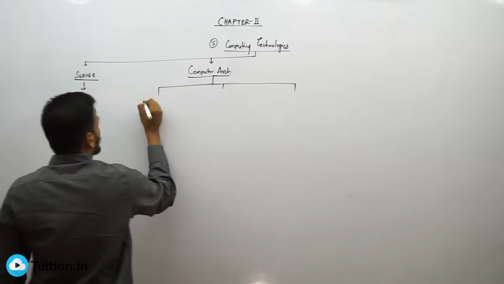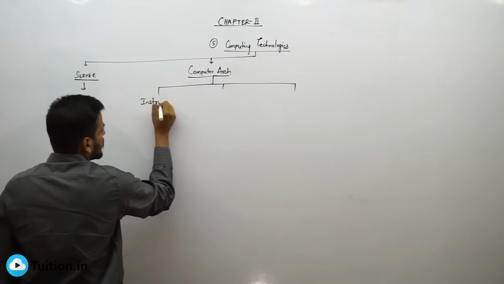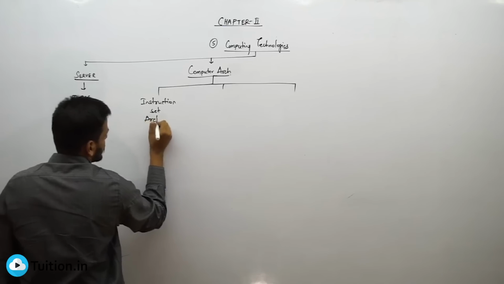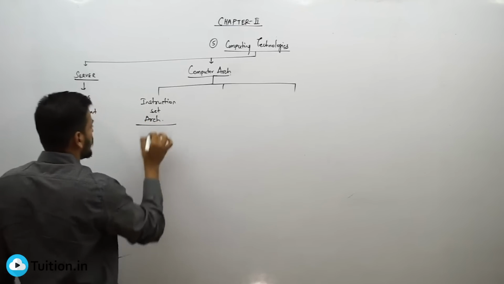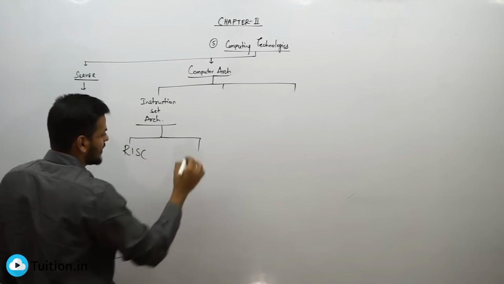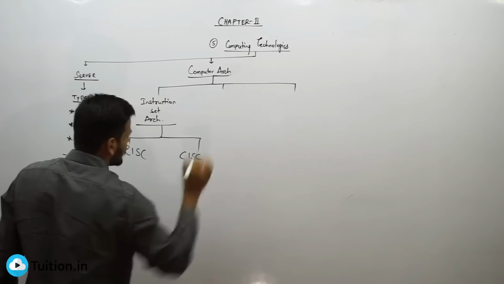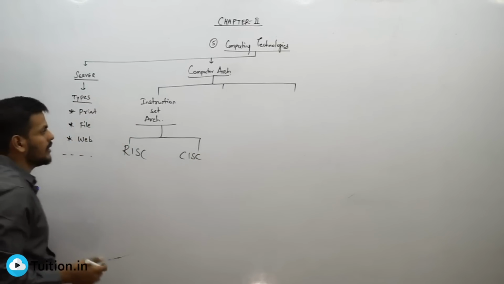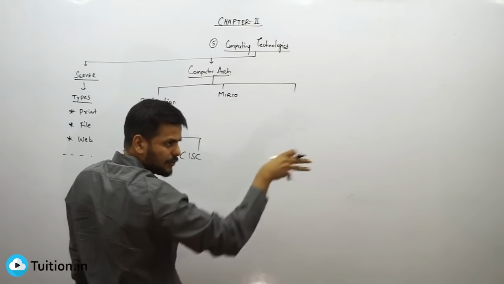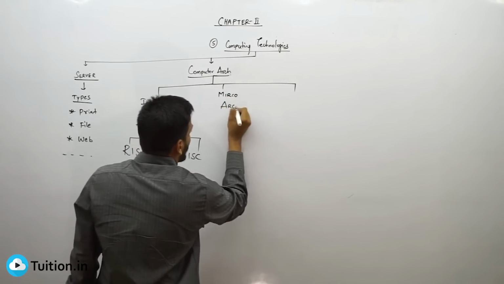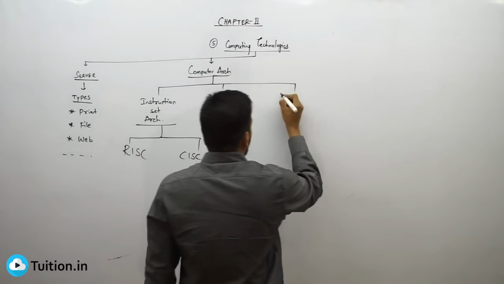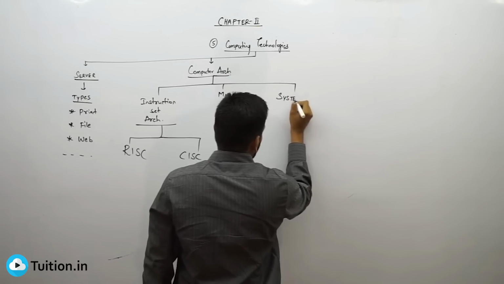One is called the instruction set architecture, where we are talking about two very important concepts: reduced instruction set computing, the RISC, and CISC, complex instruction set computing. That is what it is all about. Then the complete arrangement of the entire aspects inside the computer is called the microarchitecture. And then the third part of this discussion talks about system design.